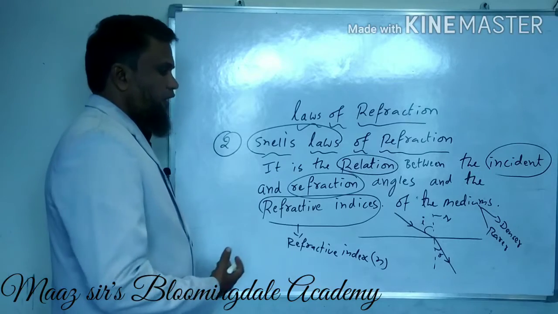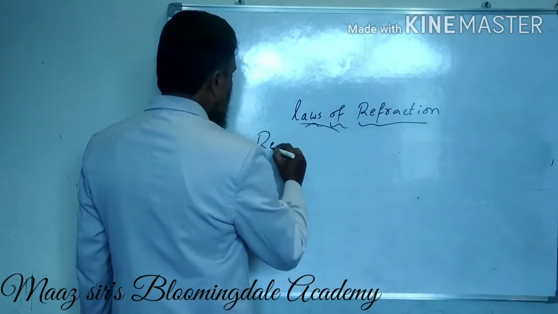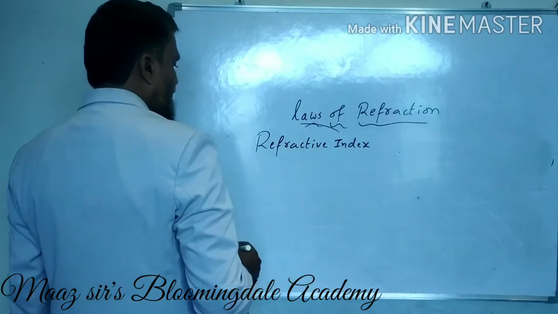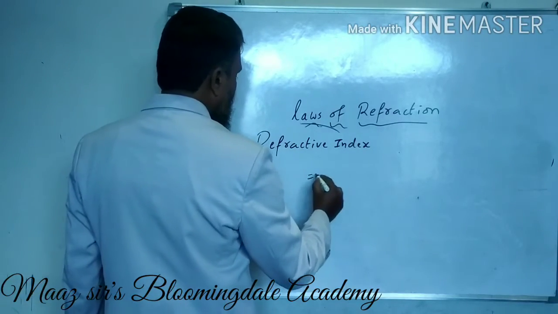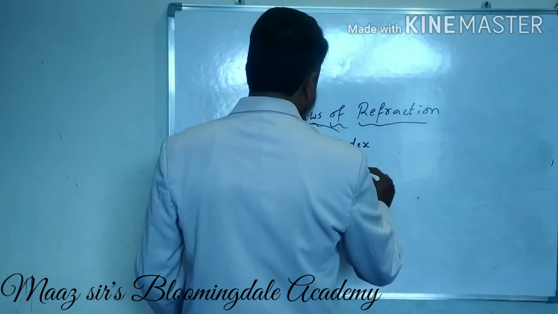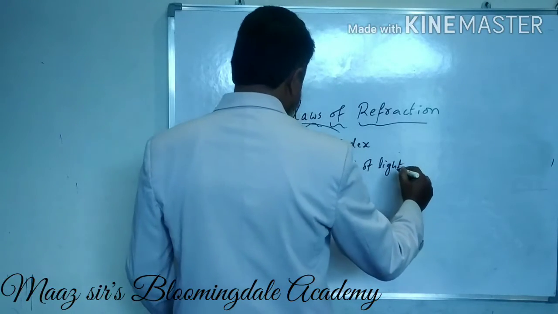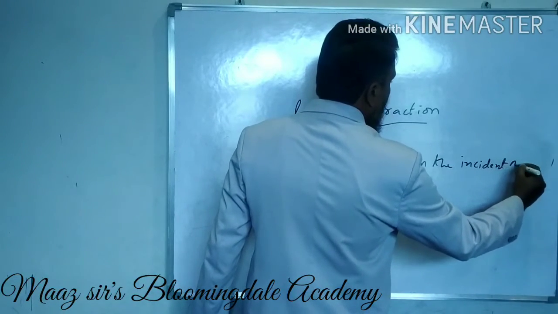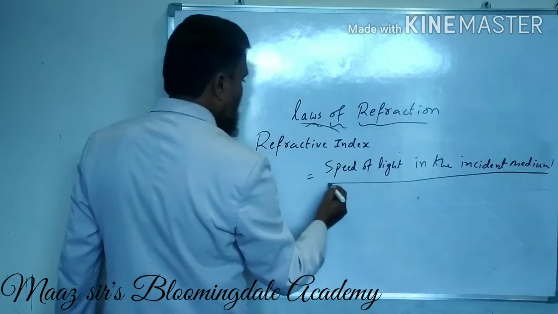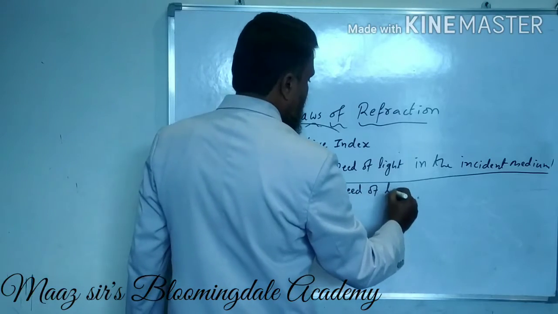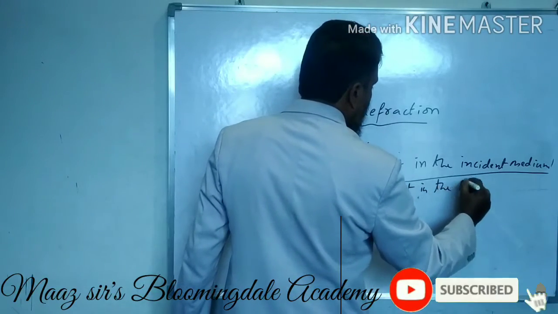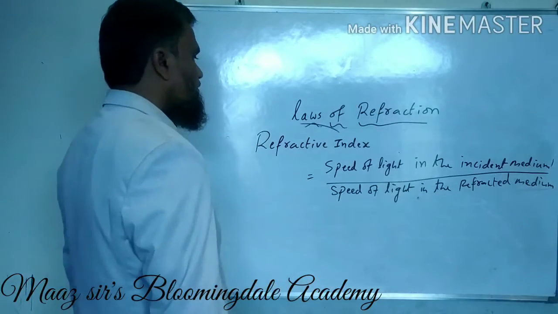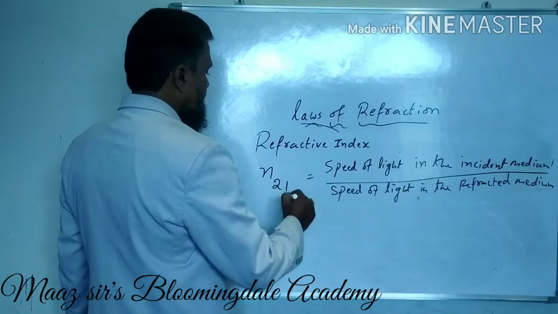Now let us see what a refractive index is. The refractive index is given by the speed of light in the incident medium divided by the speed of light in the refracted medium.